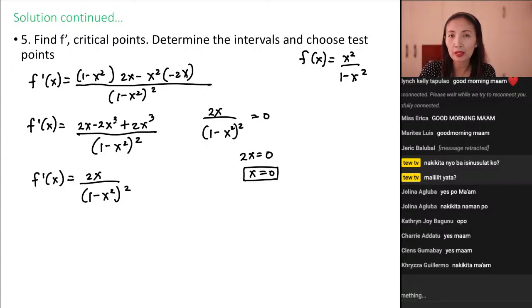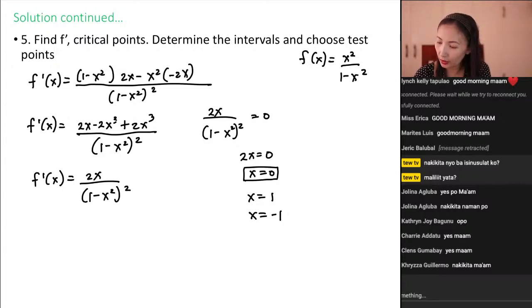Because remember, from our definition of a critical number, it also refers to the value of x that will make the first derivative undefined. Look at your first derivative. Its denominator is 1 minus x squared. So there are two more x values that will make this 0. And what are they? x equals -1 and +1.